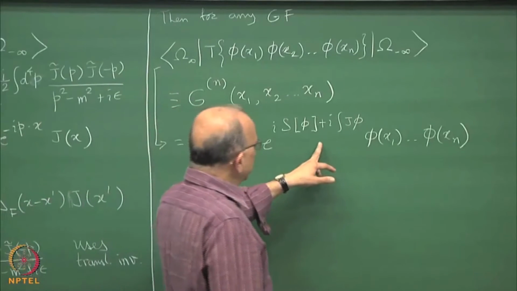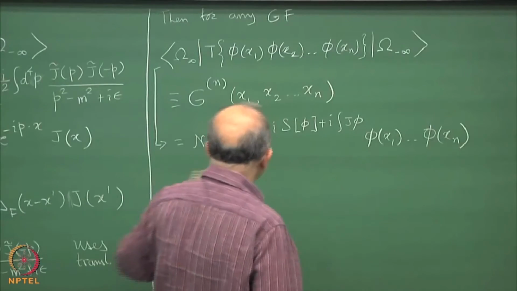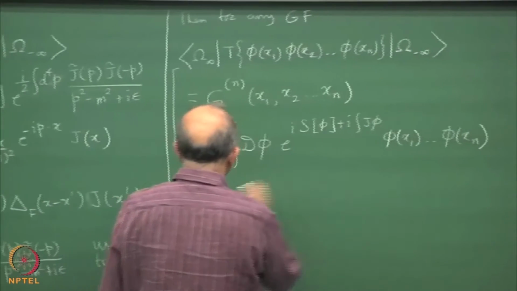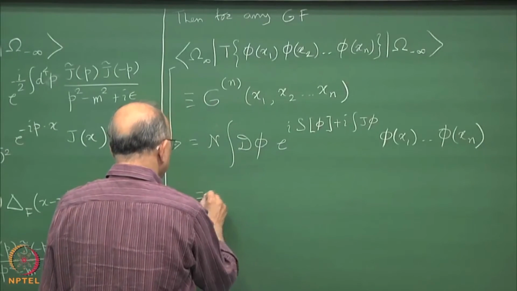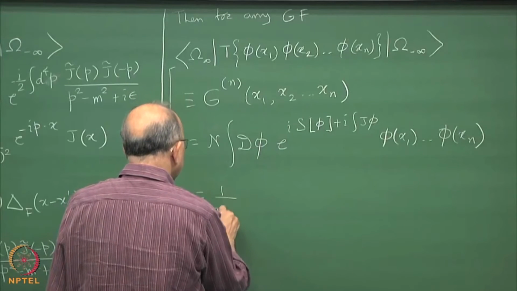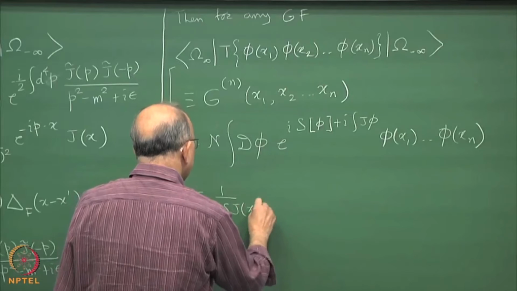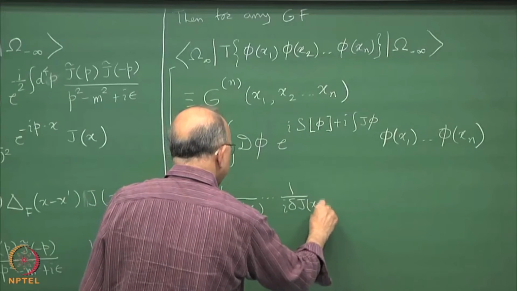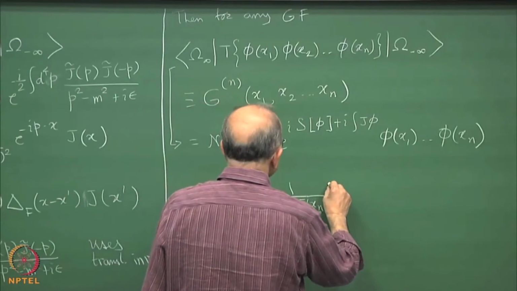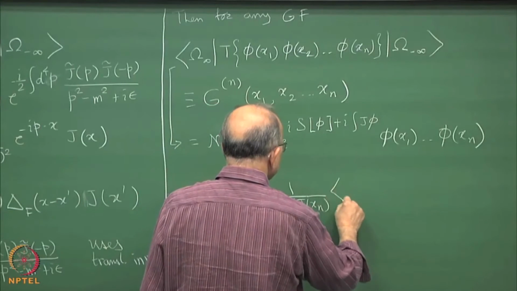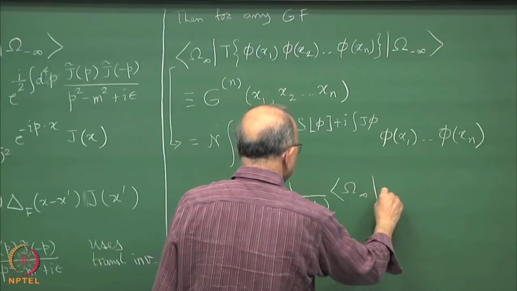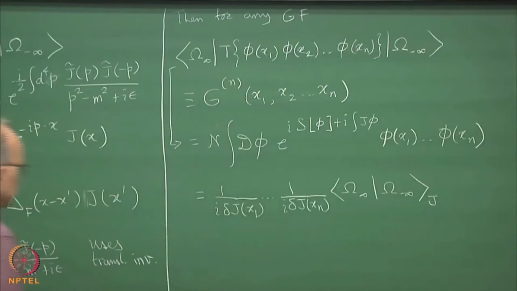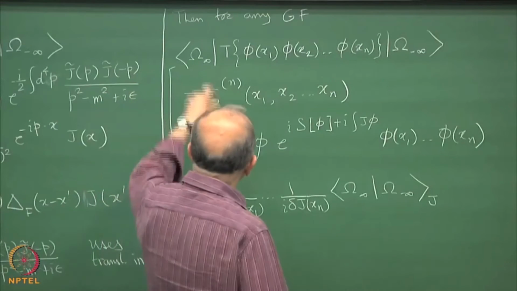But clearly this can then be got by using this trick, by using this expression, because all we have to do is vary with respect to I times J. So this is equal to 1 over I times variation with respect to J of x1 of the simple amplitude in presence of J, and I have to put this because this has no J in it.